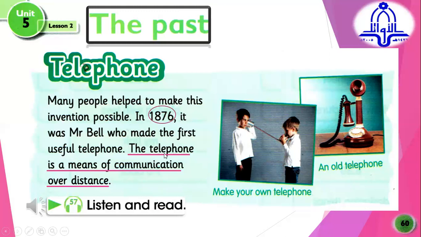What is the meaning of telephone? هذا تعريف التليفون. The telephone is a means of communication over distance. Again, the telephone, التليفون أو الهاتف, is a means هي وسيلة of communication للتواصل, communication over distance عبر المسافات.